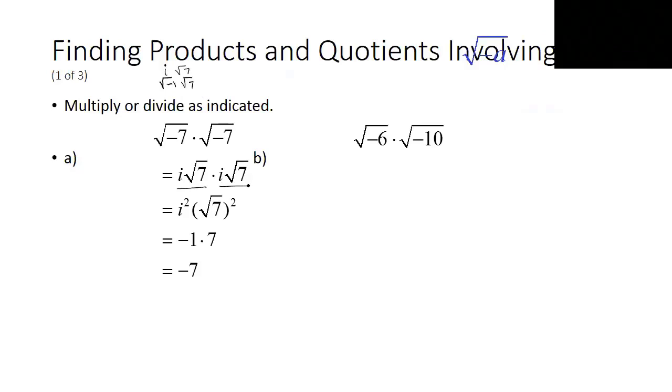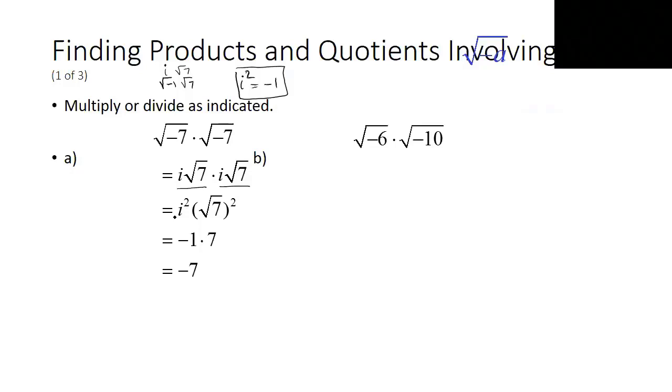The next one would be i radical 7. Now, what's i times i? That would be i squared. Recall I said everywhere you see i squared, you want to replace it with minus 1. We're going to remember that. It's going to show up quite a bit in your calculations in this section, so make sure you remember that. So here I get i squared. I'm going to replace that with negative 1.